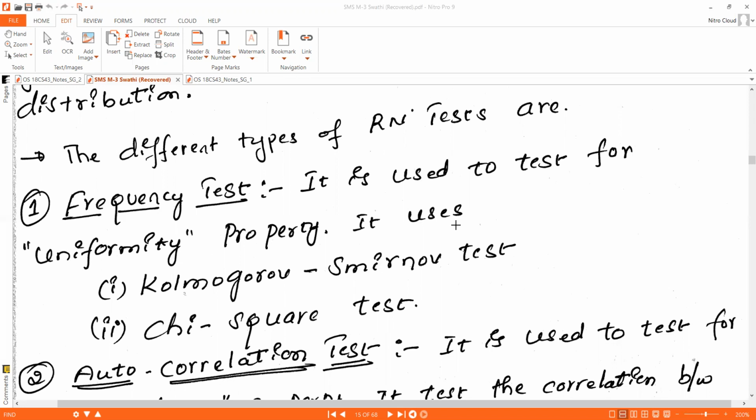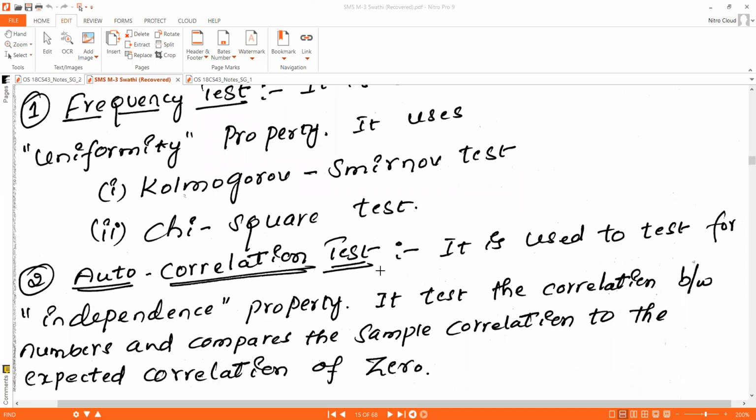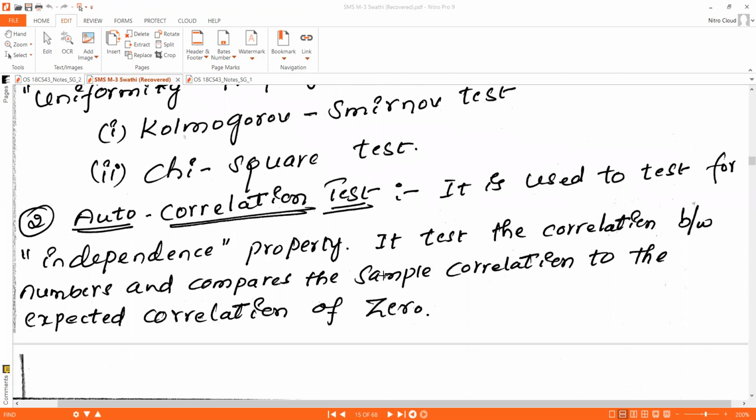Next, another type of random number test is the autocorrelation test, which is used to test the independence property. The frequency test tests the uniformity of random numbers, while the autocorrelation test tests the correlation between the numbers: is there any dependency between two random numbers?